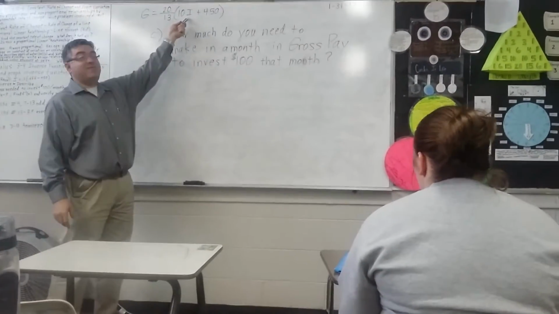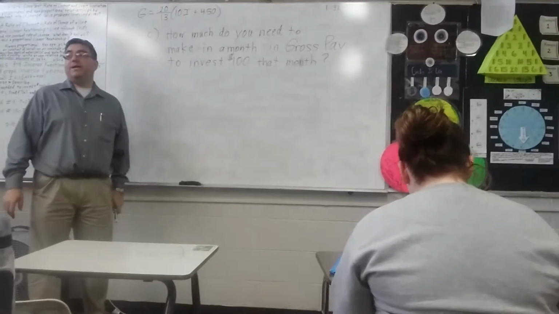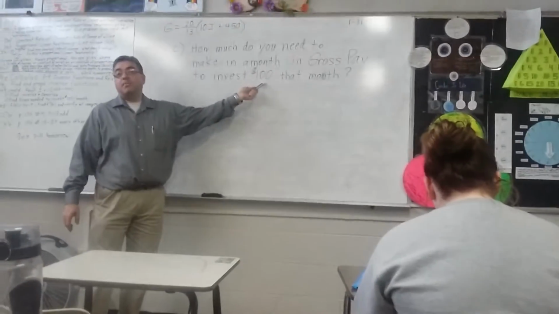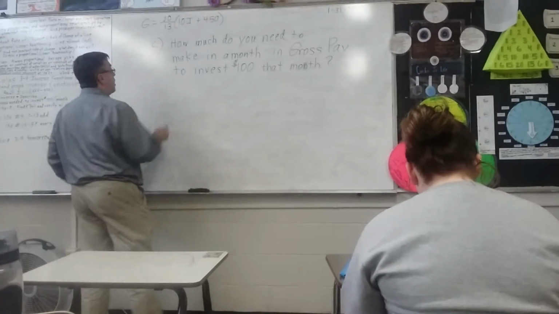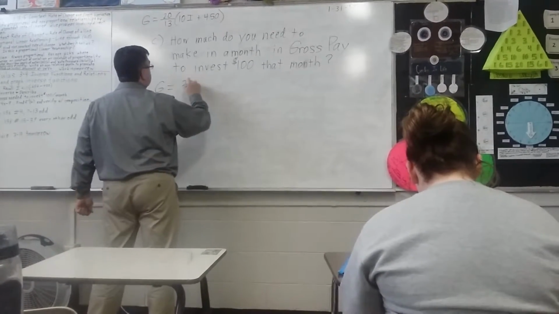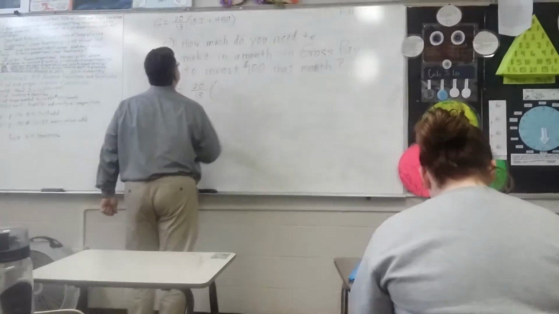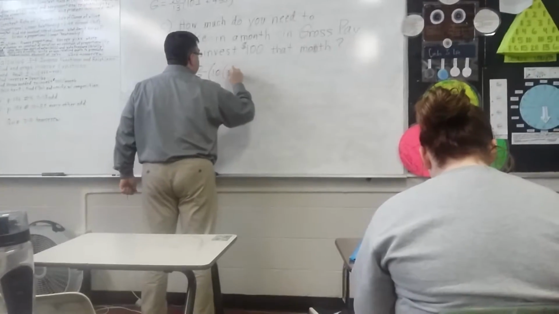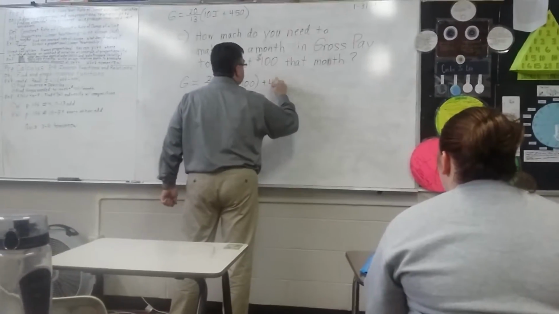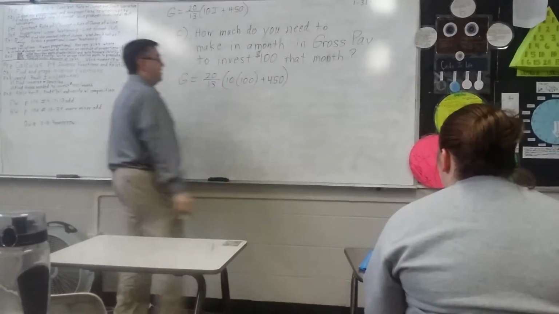Because now I have the investment as part of the equation. All I have to do is plug in the number. So all I have to do is say, okay, G equals 20 over 13 times the quantity 10 times 100, that's my investment that I want to make, plus 450.